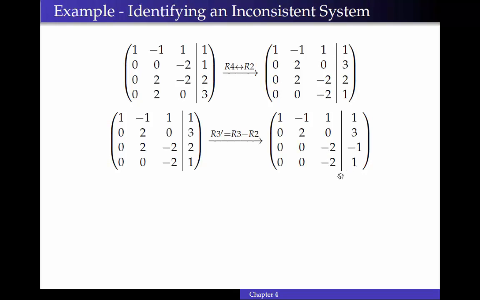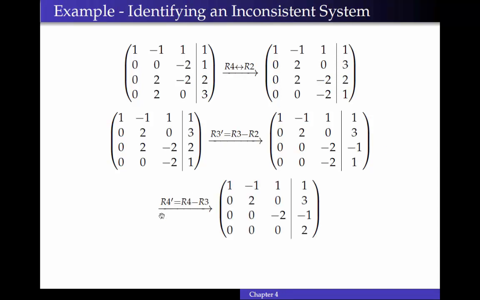So we're almost done. We can actually already see the contradiction right here, because these two rows are telling us that if I multiply the third variable, this is for x1, x2, x3, if I multiply the third variable by -2, in one equation that answer should be -1, in the second equation it should be 1. So this right here is the contradiction. But we can go further with the elimination and go ahead and perform row 4 minus row 3 to eliminate the entry below the next pivot.